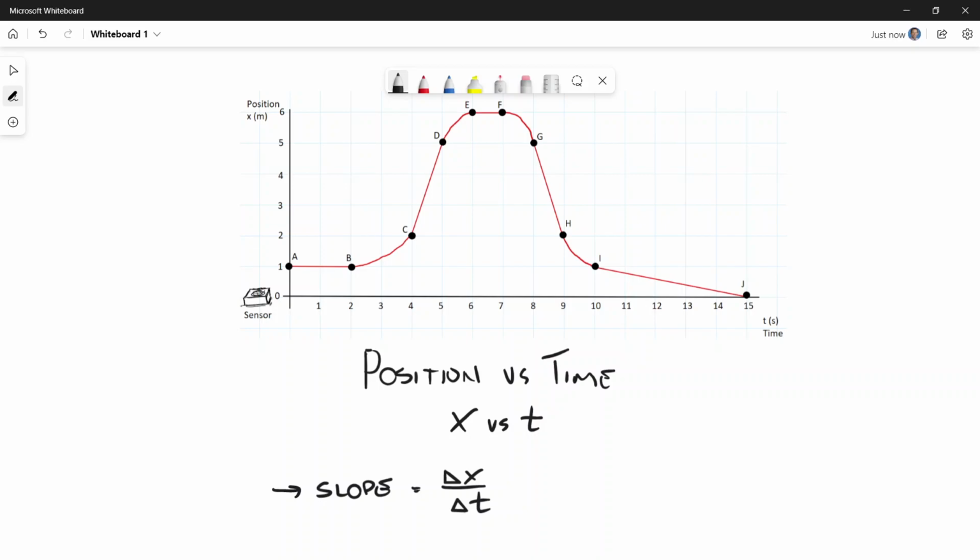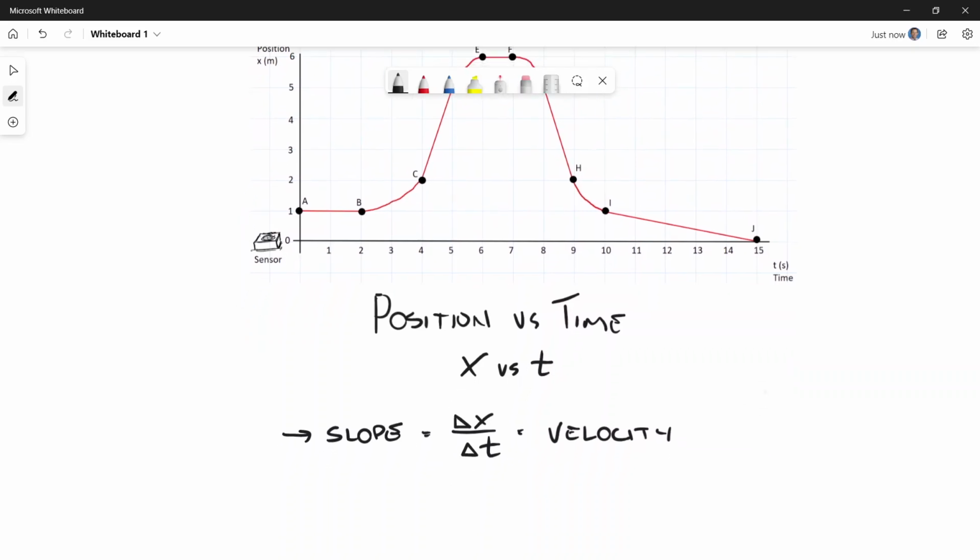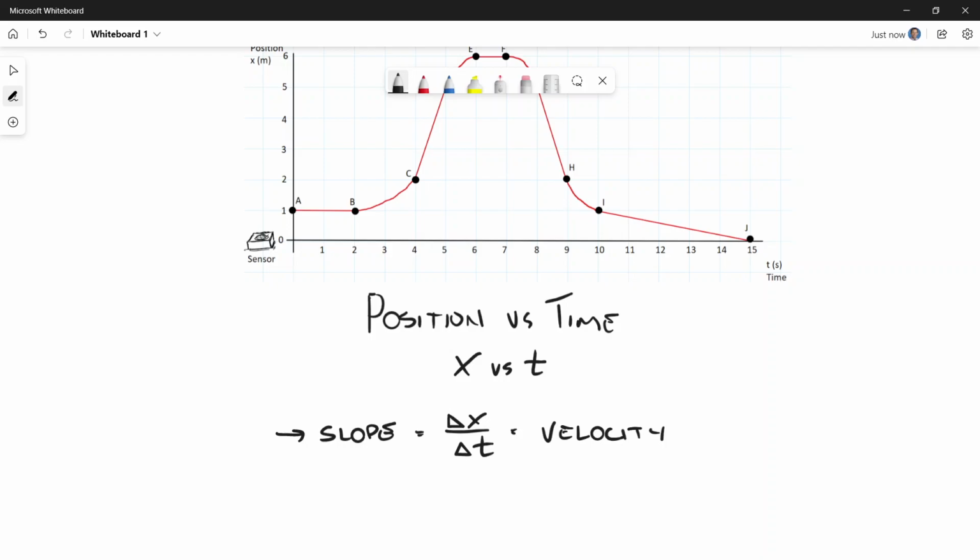And if you recall, that is the definition of velocity. So when we're dealing with slope on a position time graph, we're really looking at the velocity of the object. Keep in mind, velocity is speed and direction, so with that velocity we can tell which way it's going and how fast it's going.